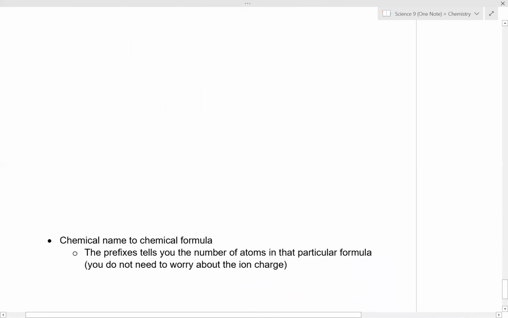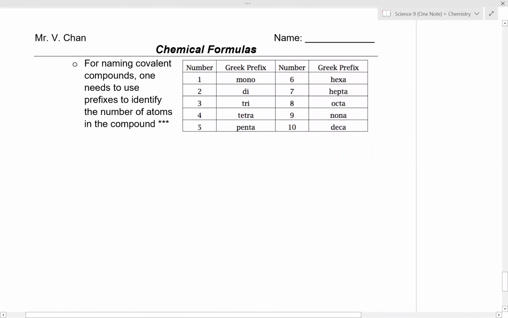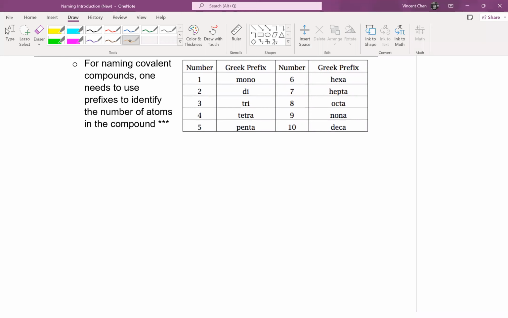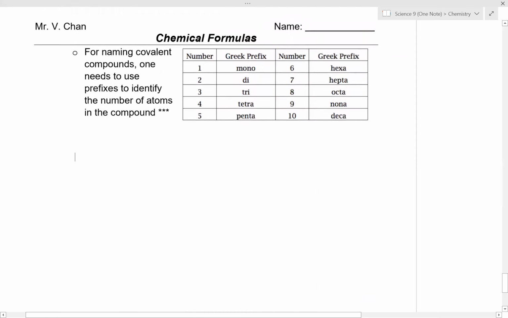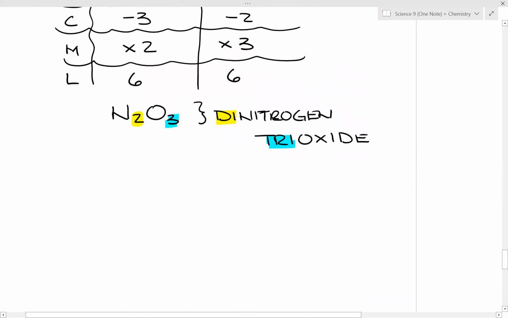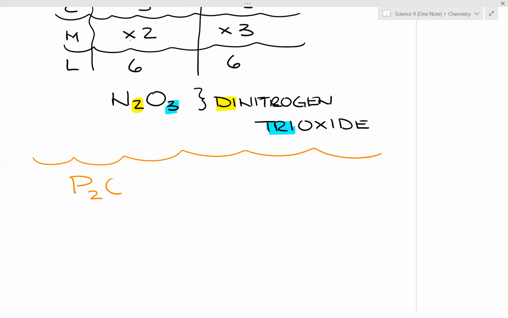Another example would be, let's say, P2O5.